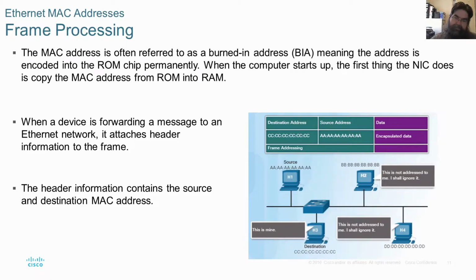So unless the destination address matches the address on the network interface card, the frame is discarded. It's only when the destination address matches the local interface card that it processes the frame and passes it up to the upper layers.